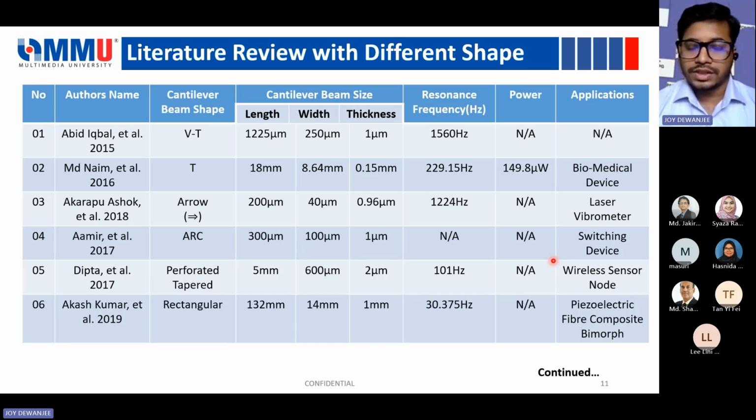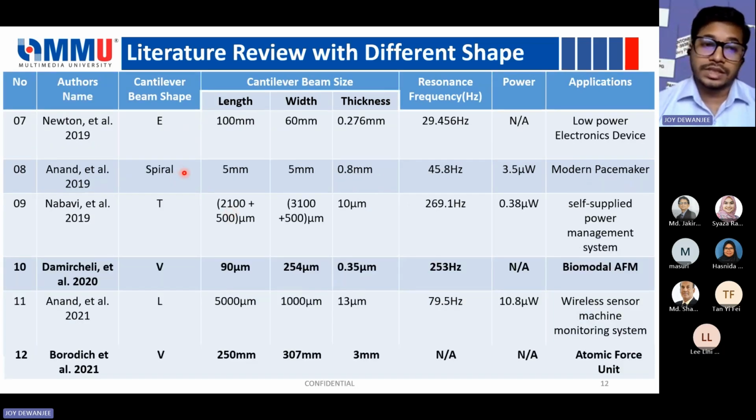Length, width, and thickness are the main parameters for generating the highest resonance frequency for biomedical or other applications. Previous researchers used GT shapes, T shapes, arrow shapes, arc shapes, tapered shapes, rectangular shapes, E shapes, spiral shapes, and V shapes.